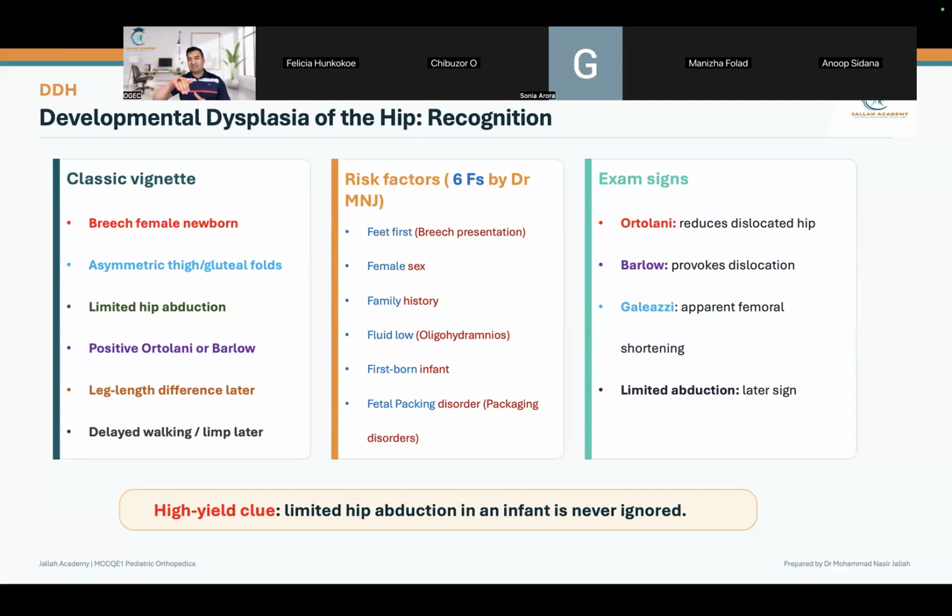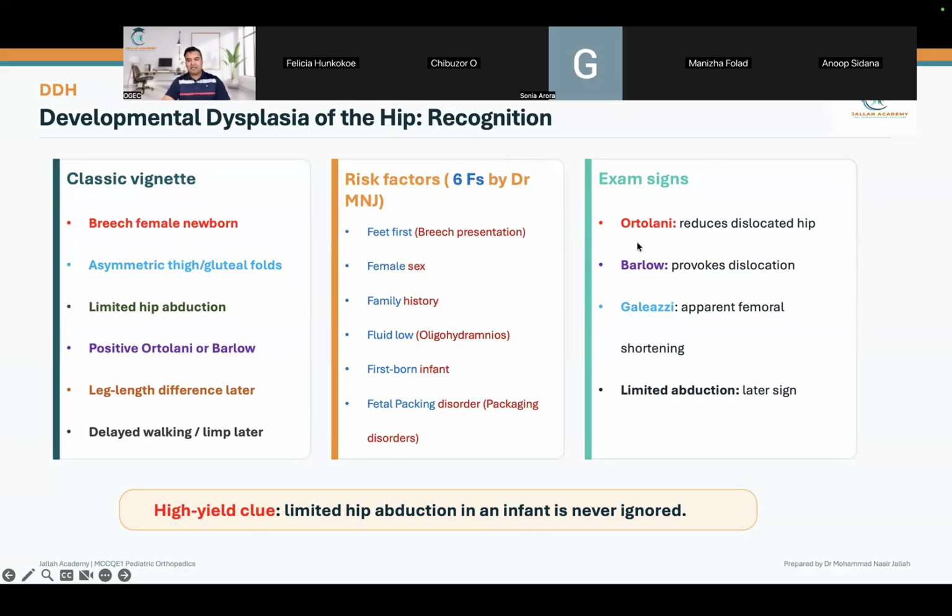Usually, if it is the first baby, the family history would be positive in mom or dad. And fetal packing. Fetal packing is a rare congenital or genetic disease where the baby would have a dent in the skull. But that's not very common. But it is one of the F's.